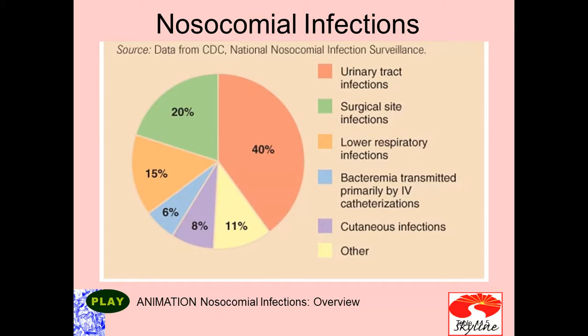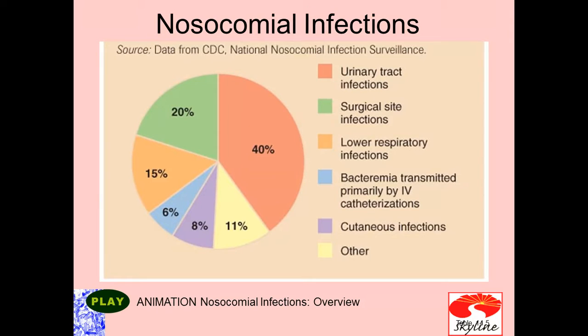Next to it, we have surgical site infections, 20%. LRTIs, lower respiratory tract infections, go in third. Bacteremia by means of IV catheterizations is in fourth place at 6%.